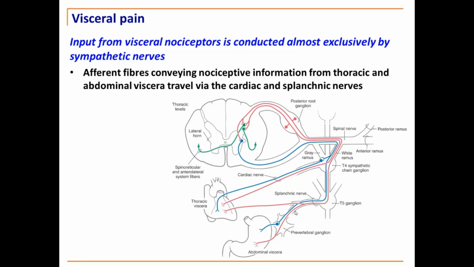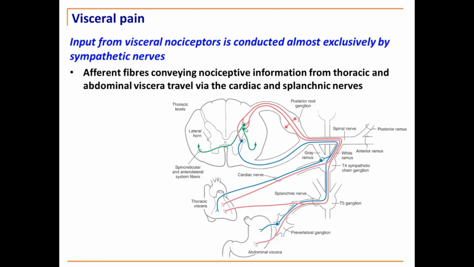And so, for example, you've got your primary sensory fibers that originate from the stomach. They pass through the greater splanchnic nerve, as we're showing here, enter the sympathetic trunk, make their way up the sympathetic trunk, and pass through a white ramus to join the spinal nerve, and then through the posterior root ganglion and the dorsal horn, as we've already talked about.